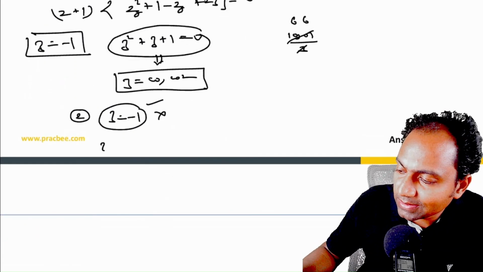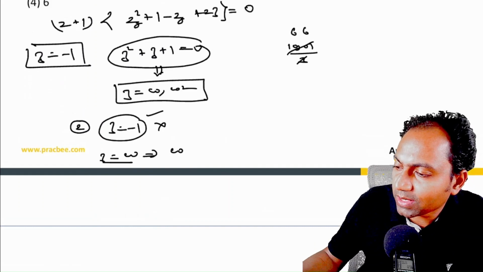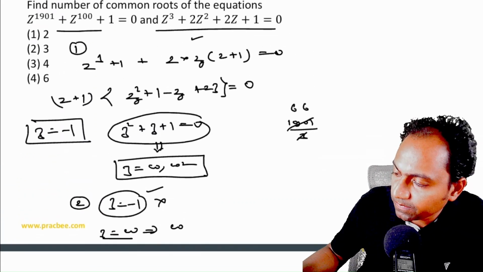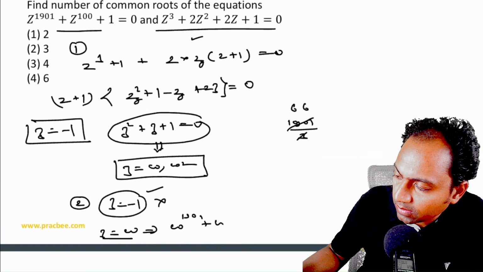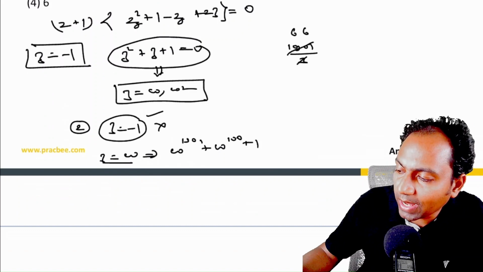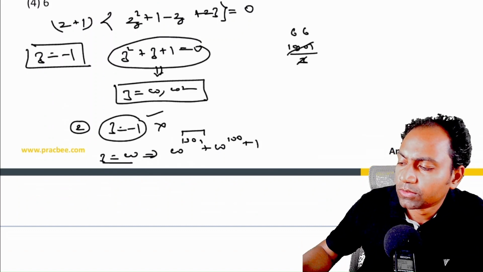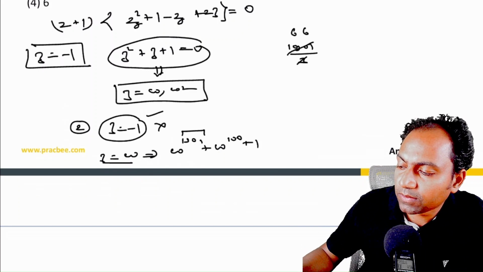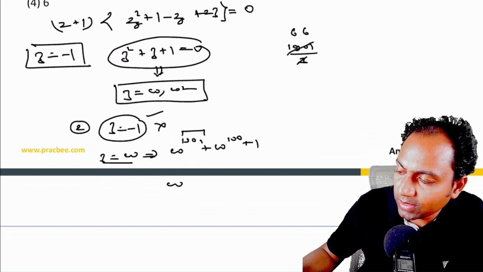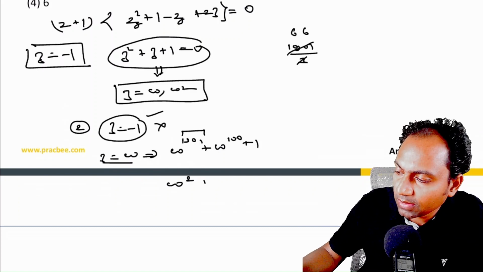Now z is equal to omega. If I check for this, this will become omega raised to the power 1901 plus omega raised to the power 100 plus 1. Now if you add all of these terms, the exponent is 11; if I divide this by 3, the remainder would be 2 here, and for the other it would be 1.